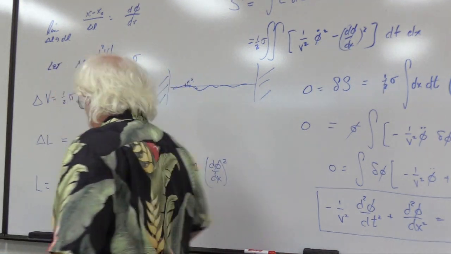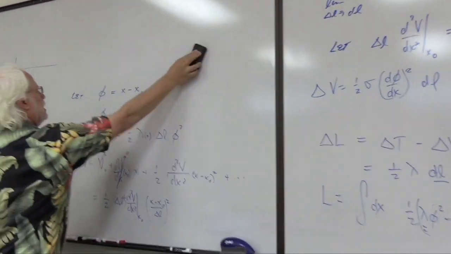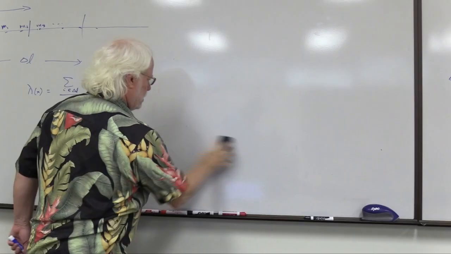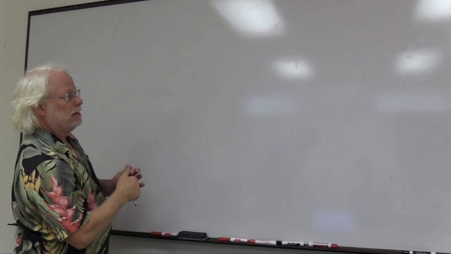There are other ways that we can generalize this that are interesting. As I said, if you do this problem in 3 dimensions to this level of approximation, that d dx becomes a gradient.